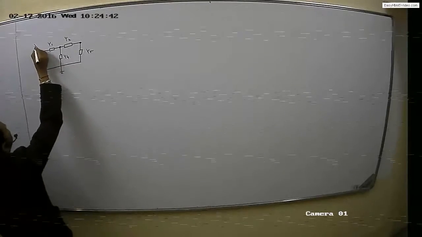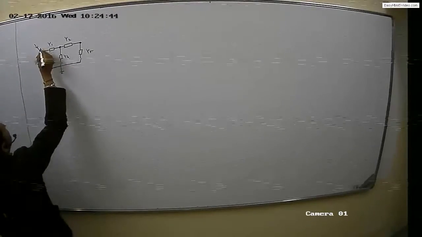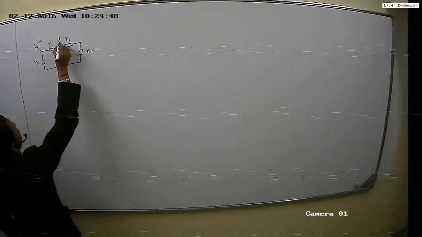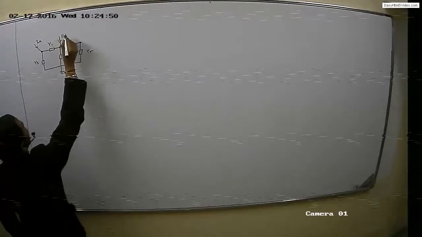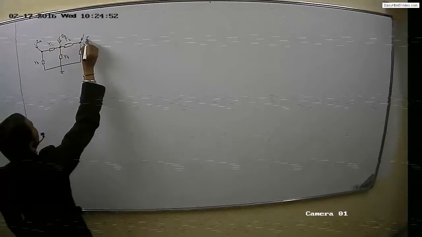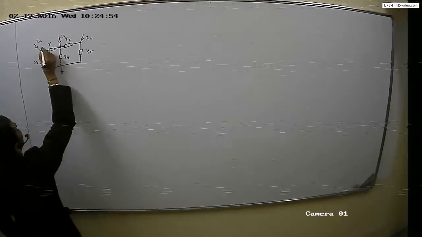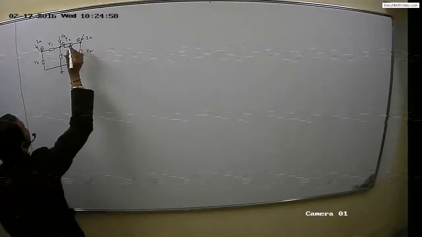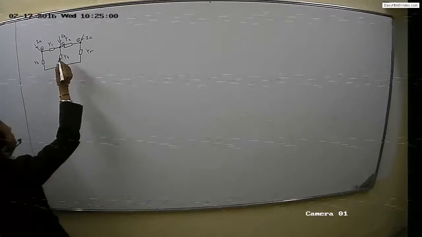So here the injected currents are IA, IB and IC. These are 3 nodes, that is node A, node B and node C. These 5 branches are there.